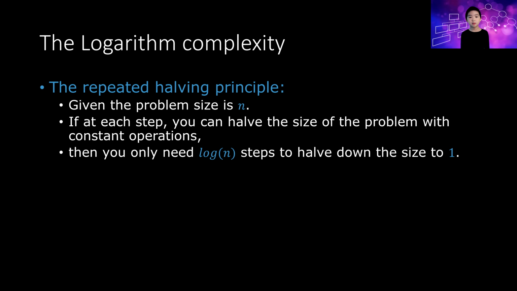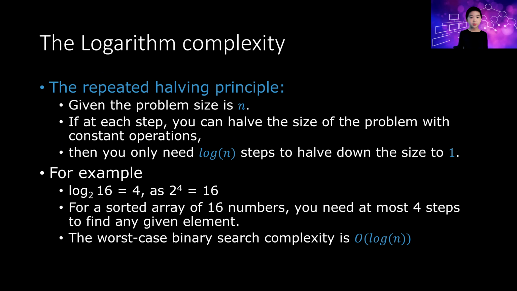The logarithmic complexity is basically saying, how many times can you halve the problem until the size becomes 1? So if you have a problem with a size n, for every step, you reduce the problem size by half. Then you will need log n steps to solve the problem. That leaves you with an O(log n) complexity. For example, if n is 16, we can halve the problem 4 times.